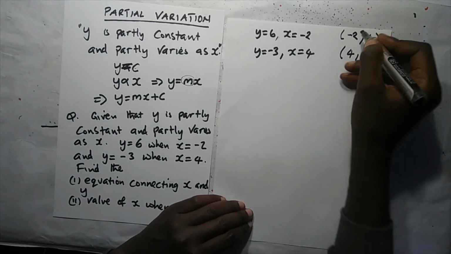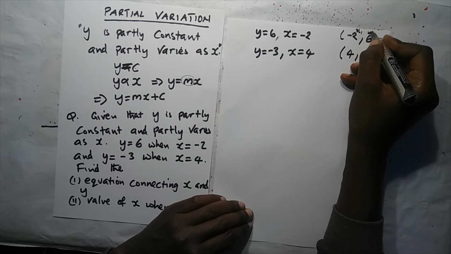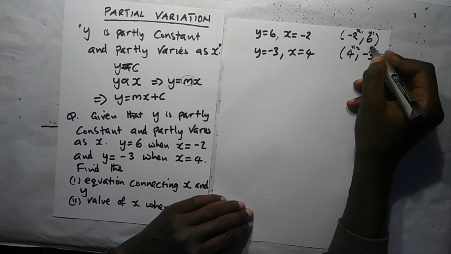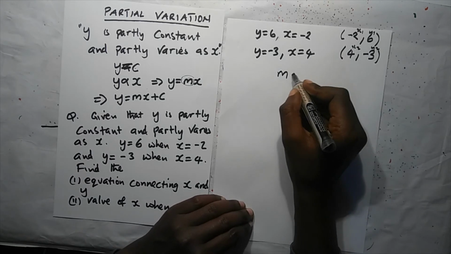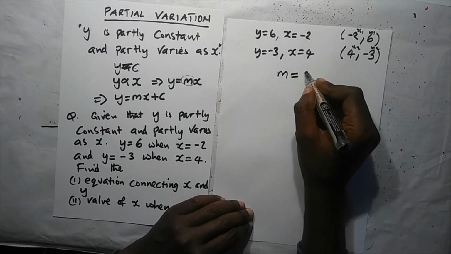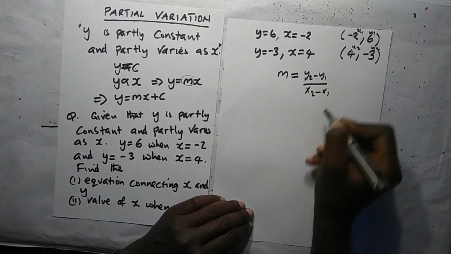Okay, so here we can take this one to be x1, y1, and this one x2, y2, and then we can find the value of m, which is the gradient. So m is equal to y2 minus y1 over x2 minus x1.